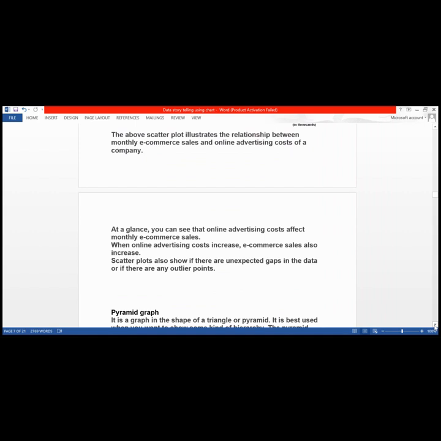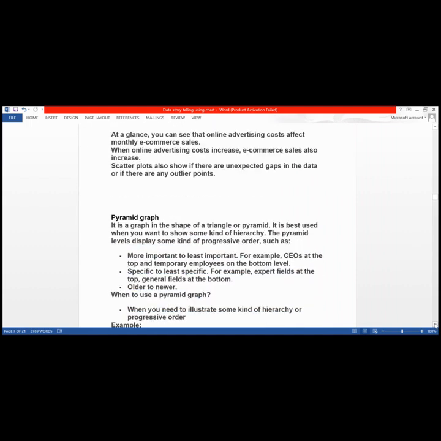So at a glance, you can see that online advertising costs affect monthly e-commerce sales. When online advertising costs increase, e-commerce sales also increase. So scatter plots also show if there are unexpected gaps in the data or if there are any outlier points.